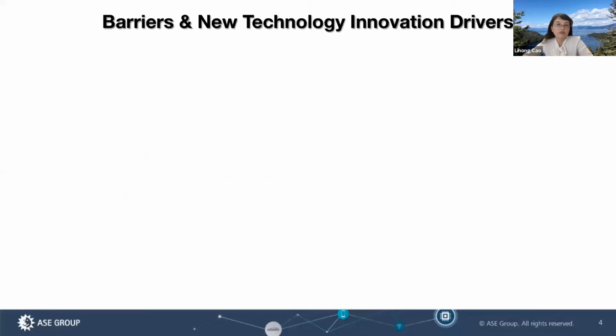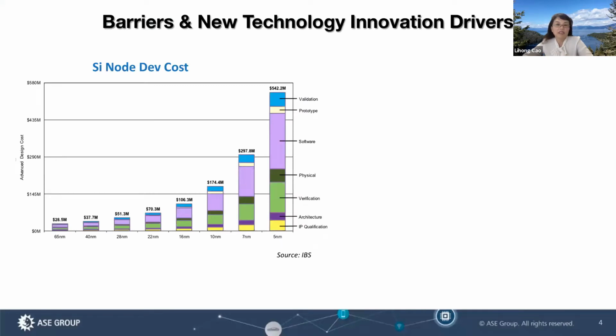If we look further at the semiconductor technology scaling trend and the performance requirement, first, the number of transistors continues increasing and the silicon node becomes smaller due to the high performance demands. However, if we look at the graph on the left, the total cost of wafer development with very small silicon nodes has increased significantly.